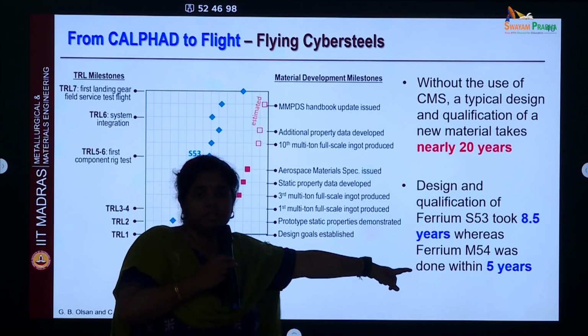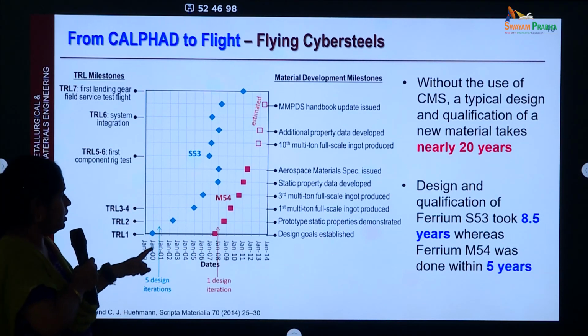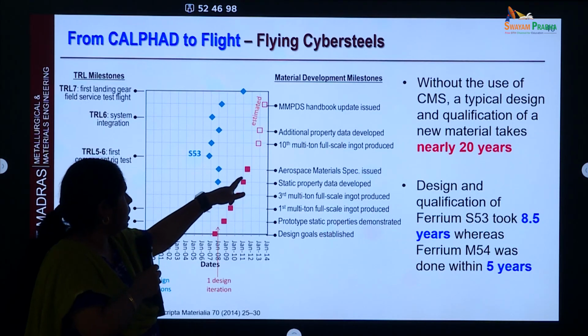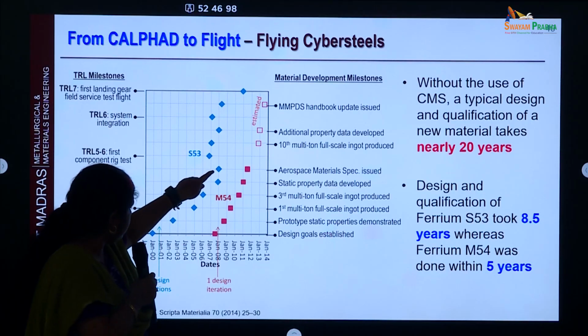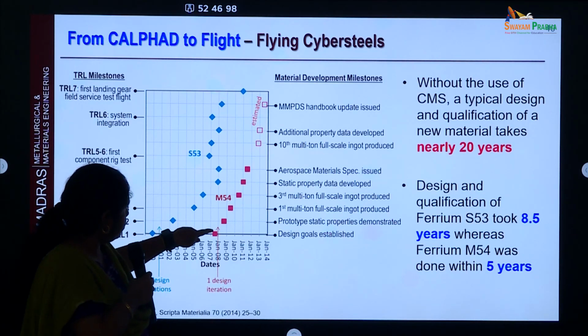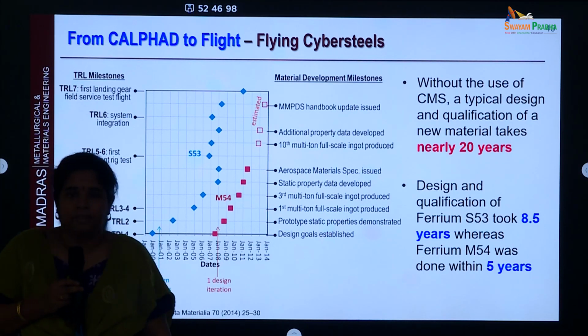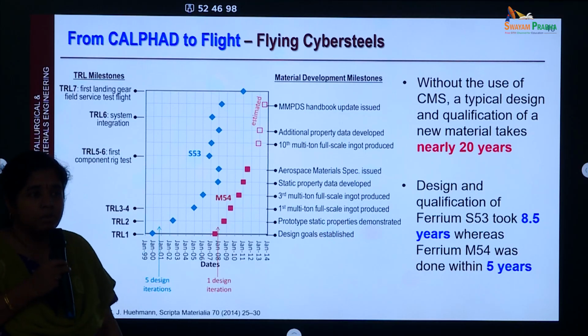It took only 5 years. M54 started here, with design goals and everything established. The prototype already came here. So whatever took from 2000 to 2008 now took from 2008 to 2011, in 3 years. In 3 years they got the specifications issued.